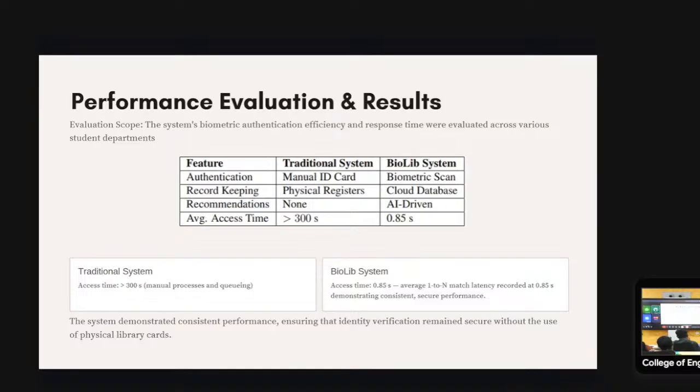In the traditional system, recommendation is not available, but we are providing AI recommendations. Also, the access time for the traditional system is always 100 seconds. Our system demonstrates consistent performance. It also ensures identity verification remains secure without the use of physical cards.